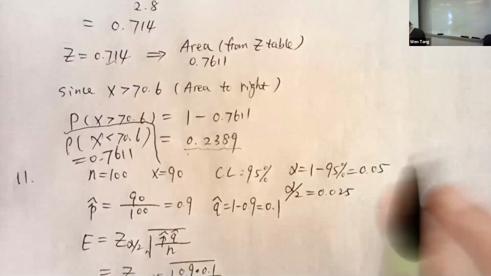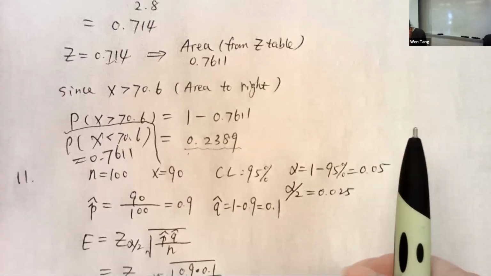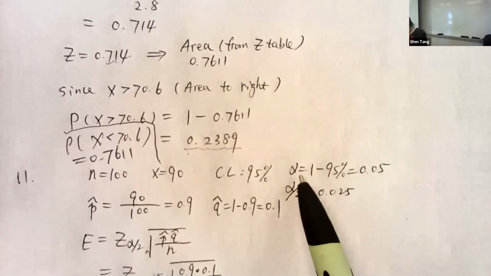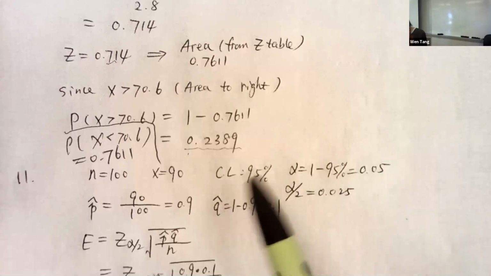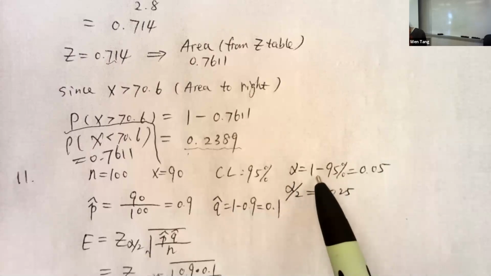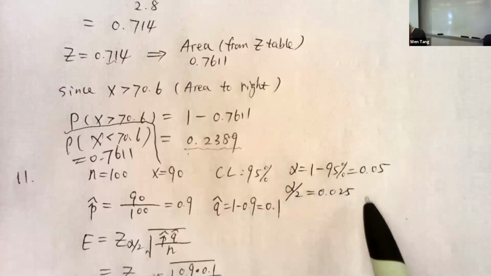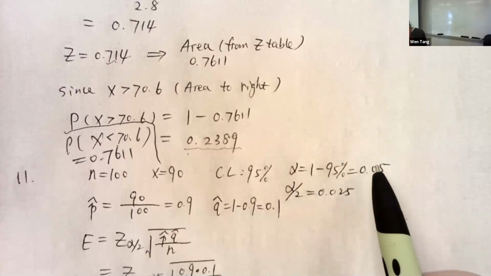So I hope you still remember the relationship between the alpha and the confidence level. 1 minus alpha is the confidence level. Then alpha is 1 minus confidence level. So here, alpha is 1 minus 95%. We get 5%, which is 0.05. But we do not directly use the alpha value to check the critical value.